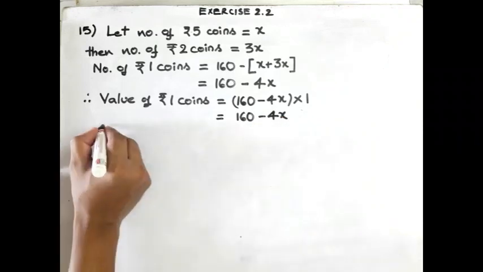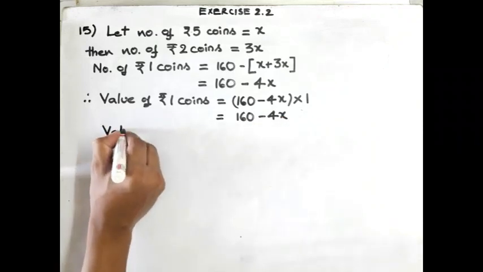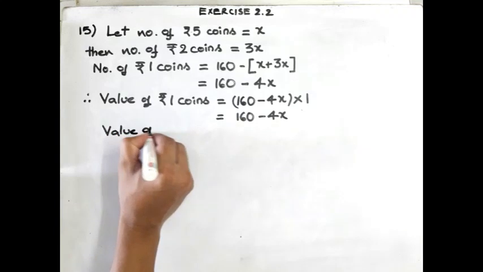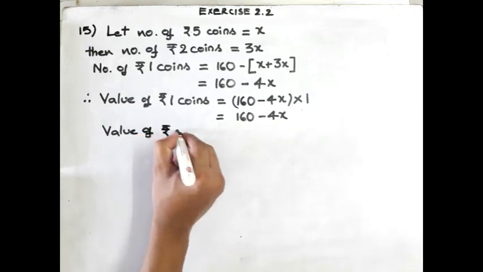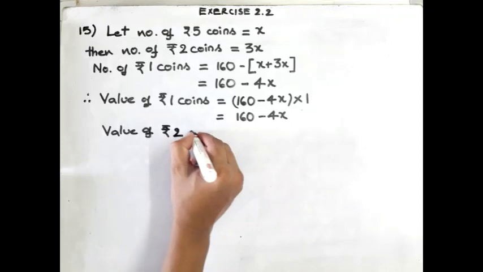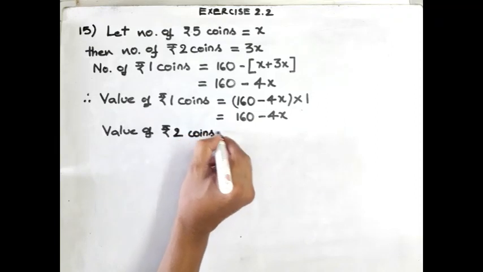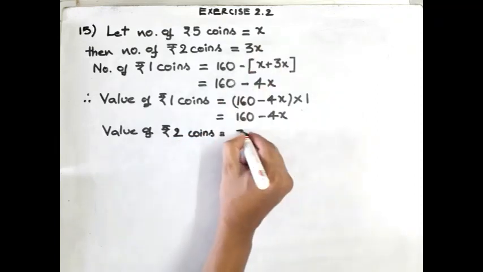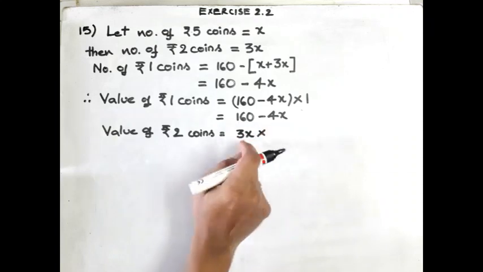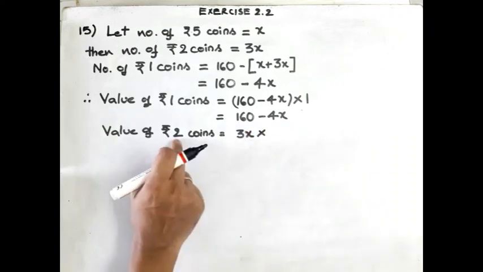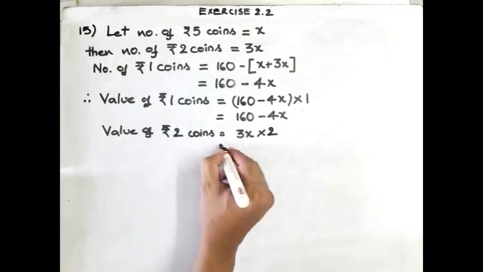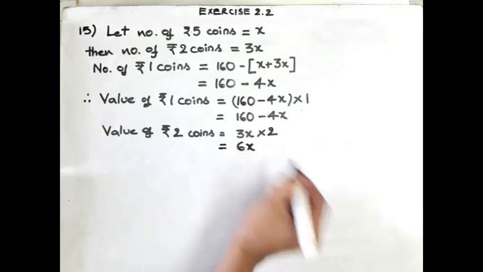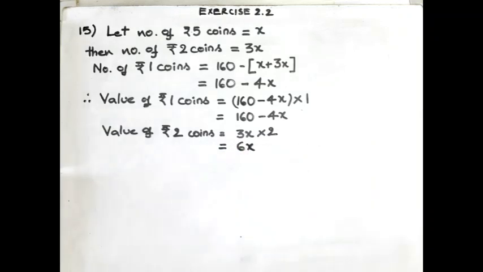Okay, now the value of rupees 2 coins is equal to 3x into 2, where 3x is the number of coins and the denomination is 2. That gives 6x. Hope you are following.